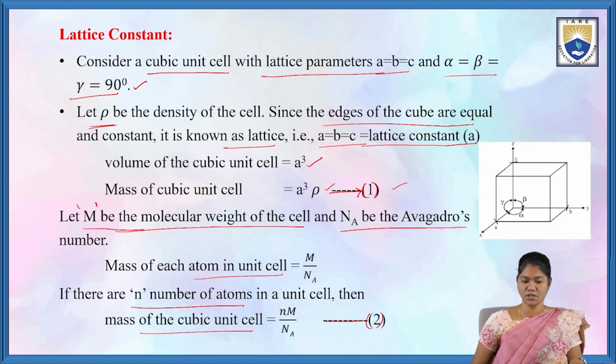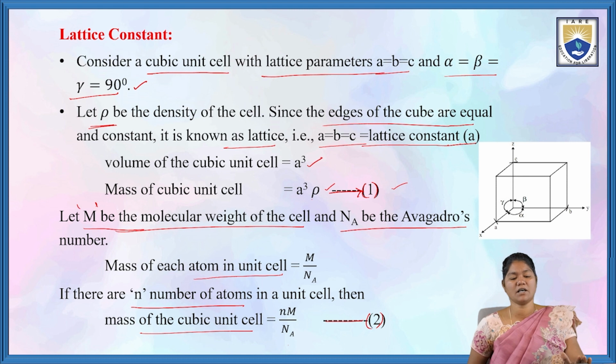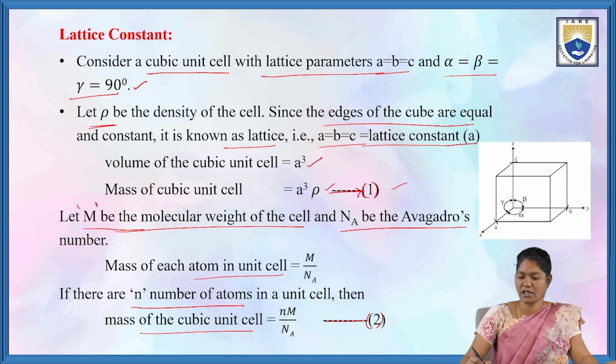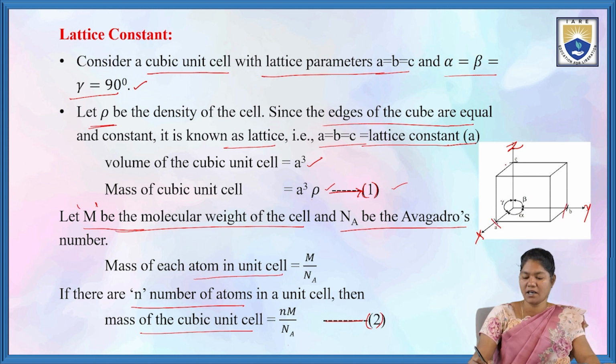In this lattice constant derivation, we are taking a cubic unit cell, and the lattice parameters of the cubic unit cell are equal, all sides being equal. So a is equal to b is equal to c, and the interaxial angles are also the same. From the picture, here are three crystallographic axes x, y and z, and the intercepts on the three axes are a, b and c.